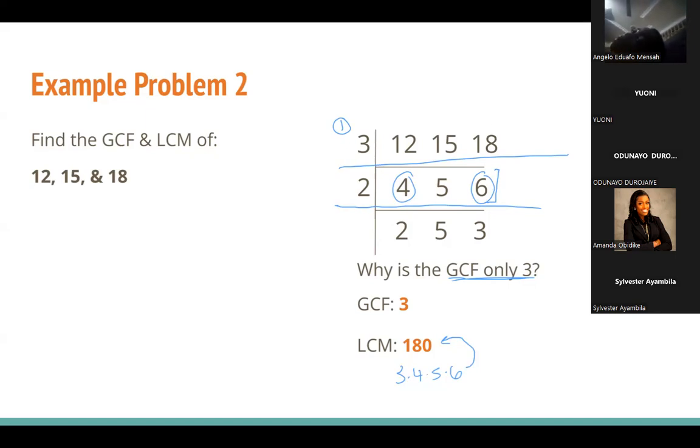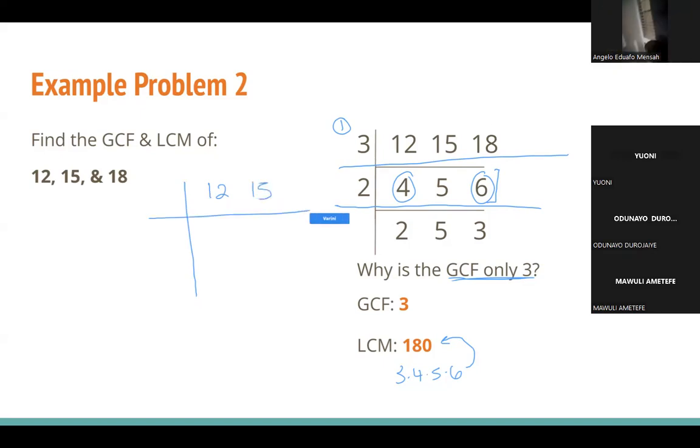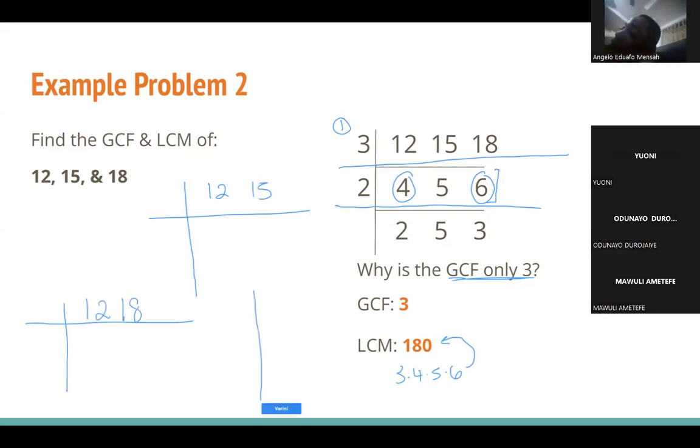No. Okay. So I still don't get it. Okay. So basically, let's break this up. Let's find the LCM between 12 and 15, between 12 and 18, and between 15 and 18.